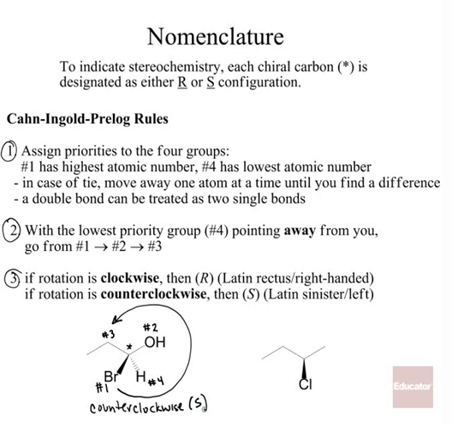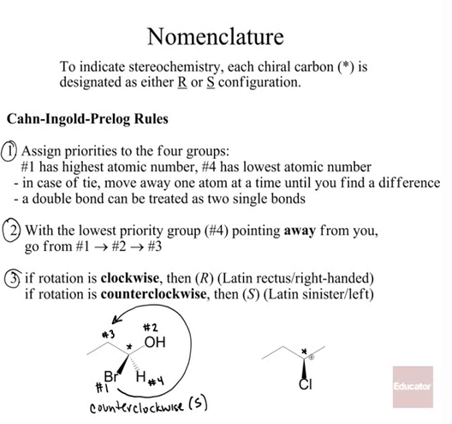Let's try another one. Here we have another chiral carbon right here, another asymmetric carbon, and we need to identify the 4 groups and number them. I only see 3 groups there. Where's the 4th group? There must be a 4th group. Remember, for line drawings, it's common to omit the hydrogen.